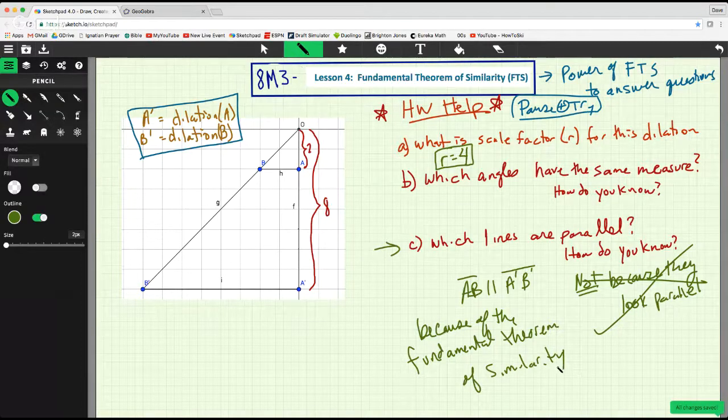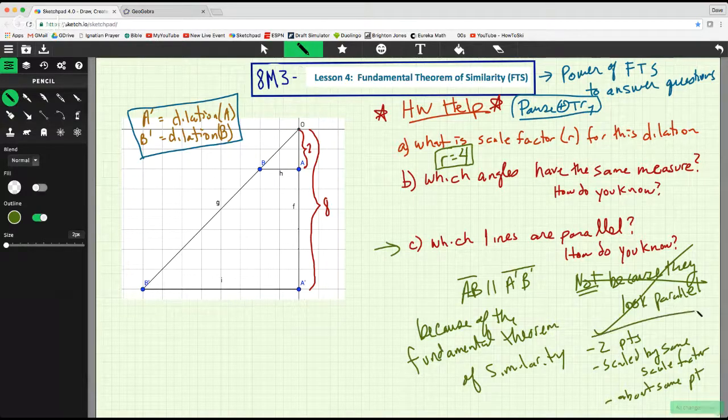I took two points and I scaled them by the same scale factor. The keys are 2 points scaled by the same scale factor about the same point.